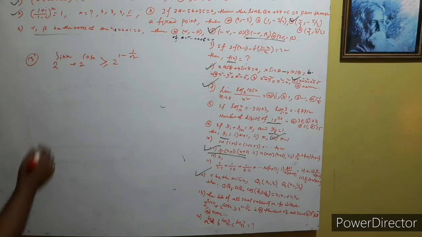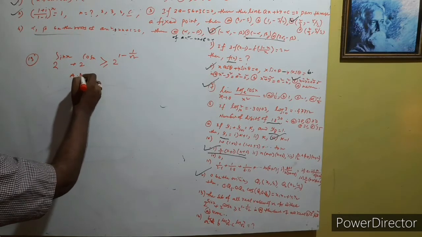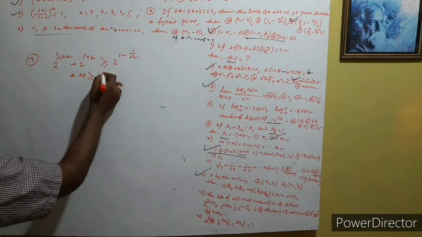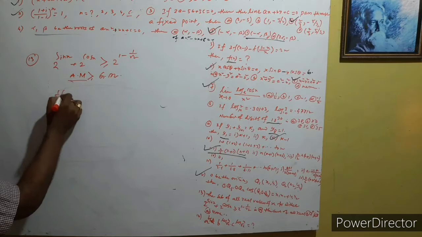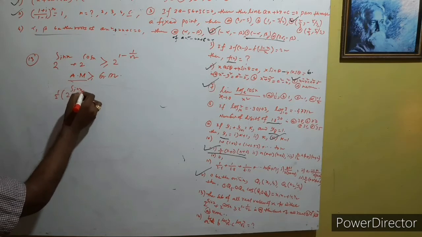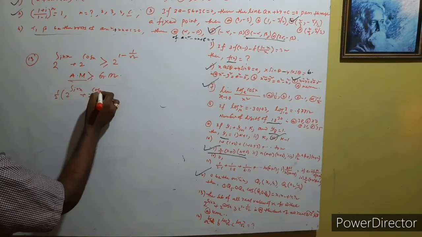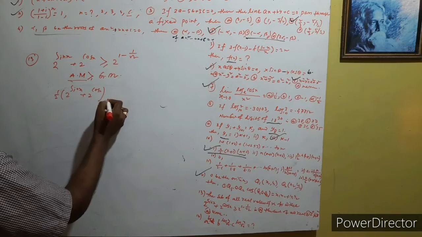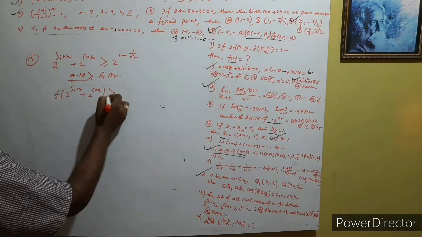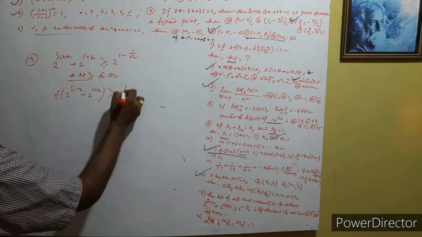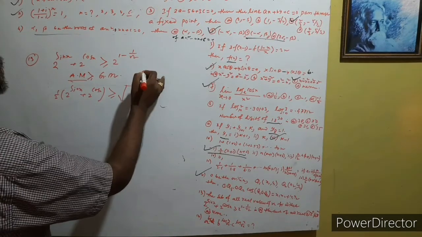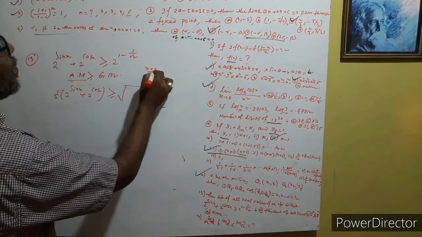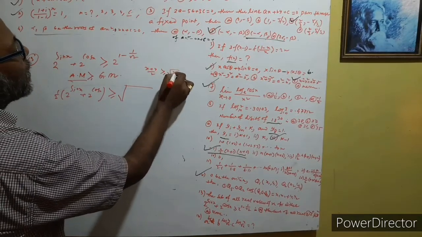Now from AM is greater than GM, half of 2 to the power sin x plus 2 to the power cos x is greater than or equal to the GM. This is root over xy: x plus y by 2 is greater than root over xy.